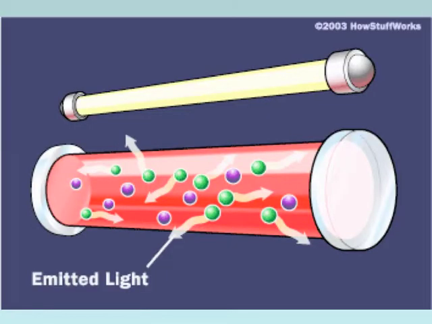Okay, so what we have in this picture is a tube, and we have a gas inside of it, and these little green and purple balls denote photons.